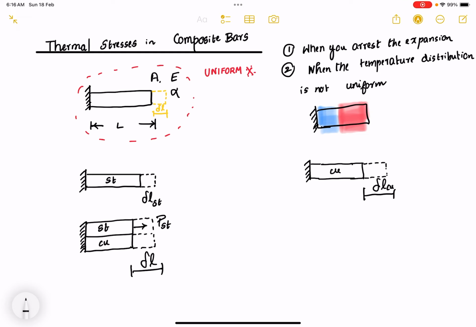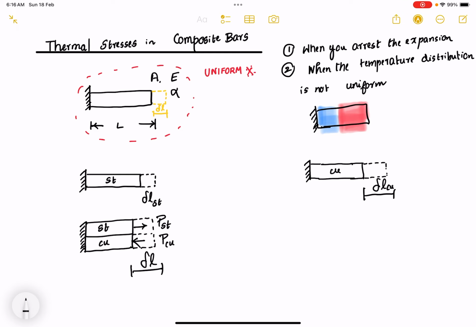That's because steel is actually going to prevent the expansion of copper. Okay, so there is a mechanical compressive force that is exerted on copper by steel. So the mechanical pull on steel is due to copper because copper wants to take steel along with it. And there is a mechanical compressive force on copper because steel is hesitant to expand more. So steel wants to prevent the expansion. So there is a mechanical compressive force on copper by steel.